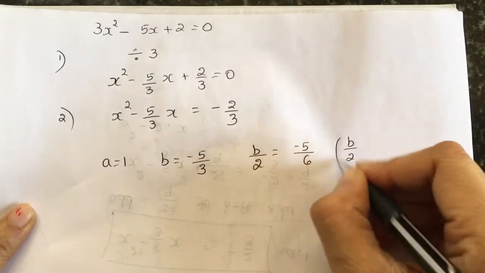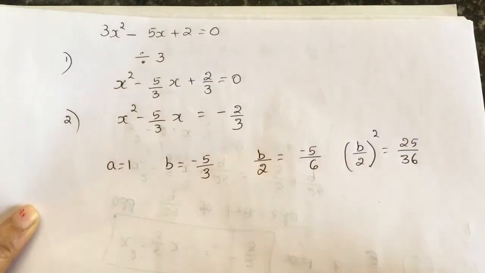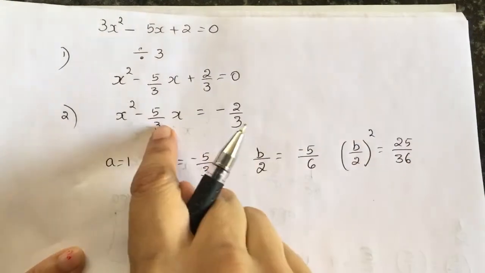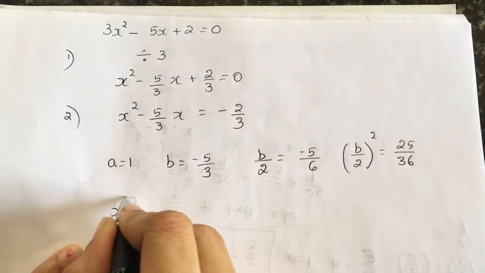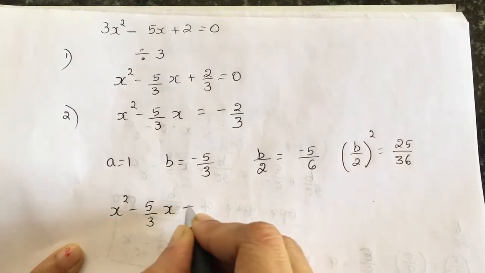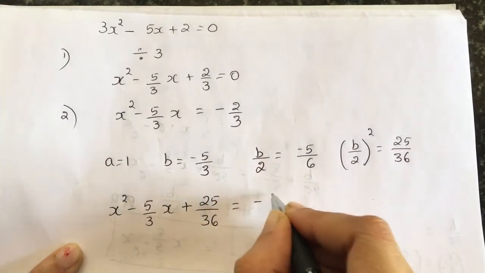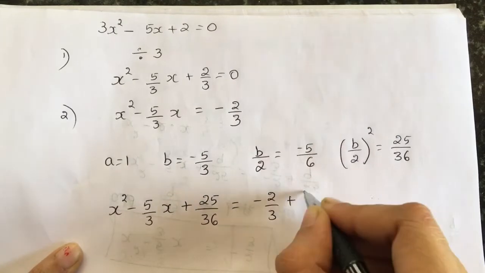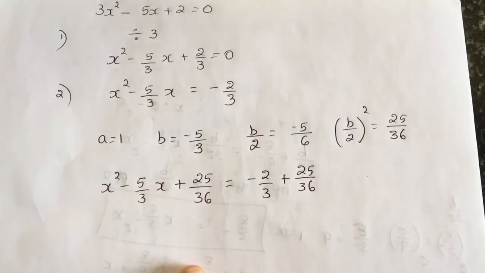B by 2 whole square is 25 by 36. That I have to add to both the sides. So x square minus 5 by 3x plus 25 by 36 equal to minus 2 by 3 plus 25 by 36.